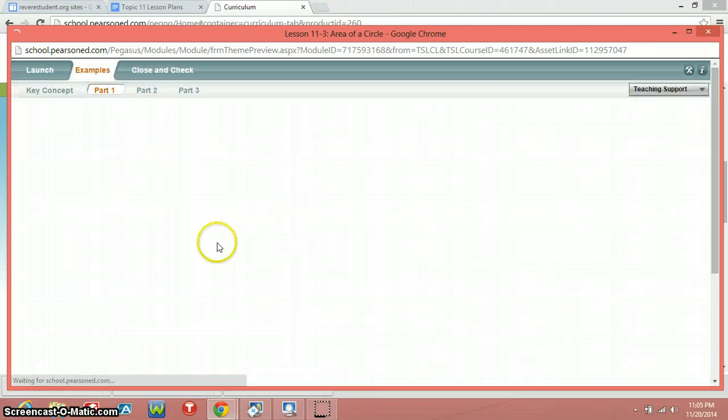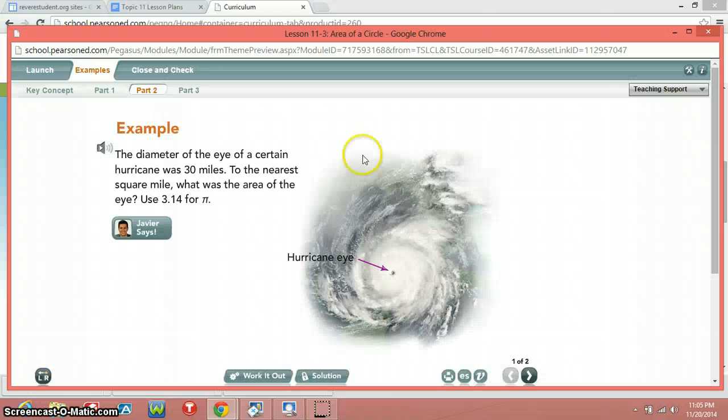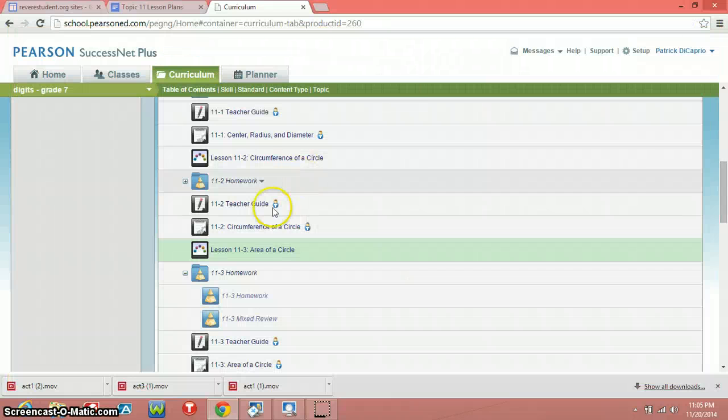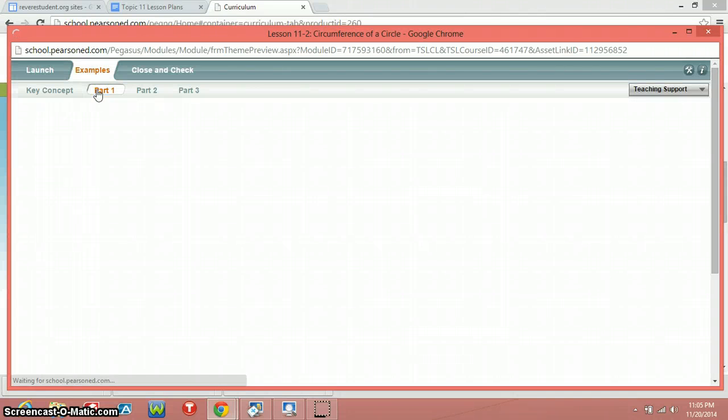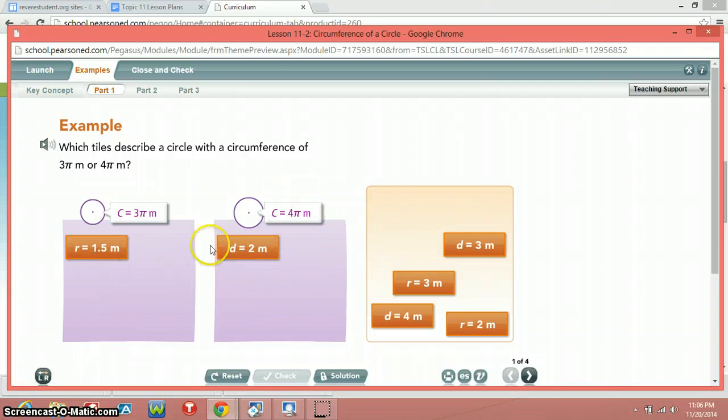The lessons have interactive drag and drop components that are sometimes used for groups or together as a class. There are several examples. There is extra practice built in, and there's also extra practice at the end. Students can know if they are right or wrong.